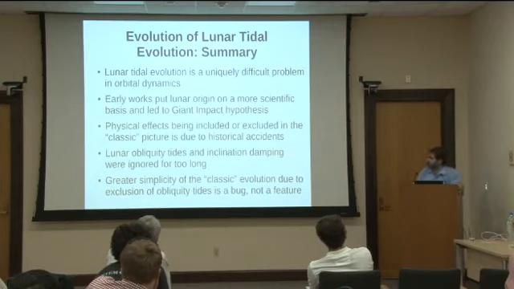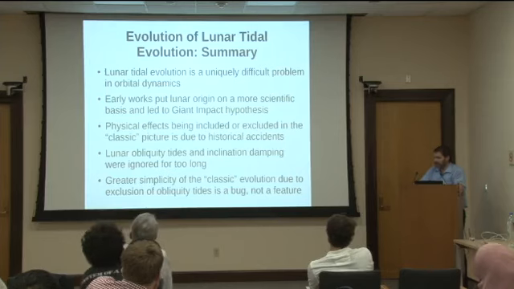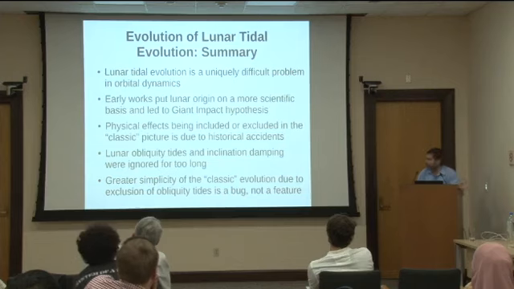So this is the first half of the talk. It's a difficult problem, and the lunar tidal evolution is what constrains the giant impact. Without our understanding of lunar tidal evolution, there would be no idea of giant impact.